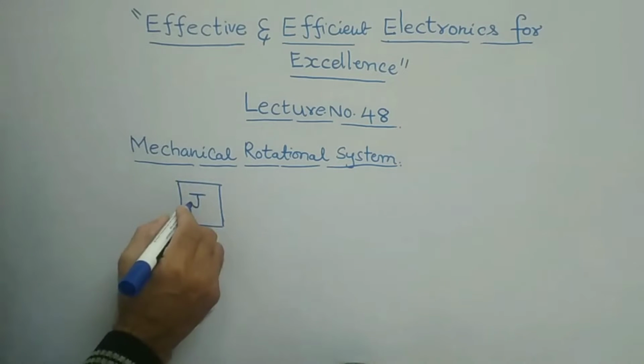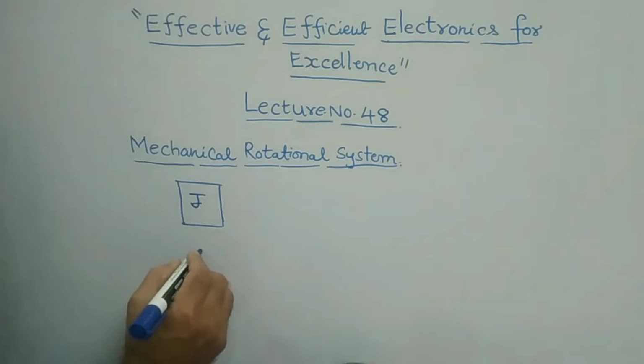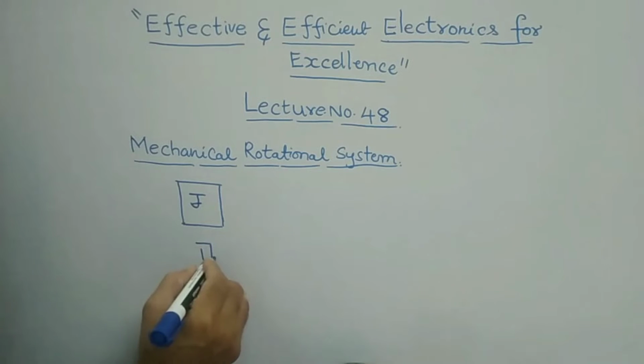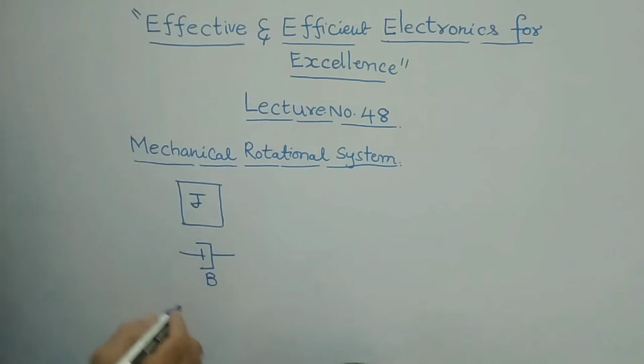The second is the dashpot, capital B, sometimes called the damper factor or frictional coefficient. Then the spring constant, which is K. And theta is the angular displacement.